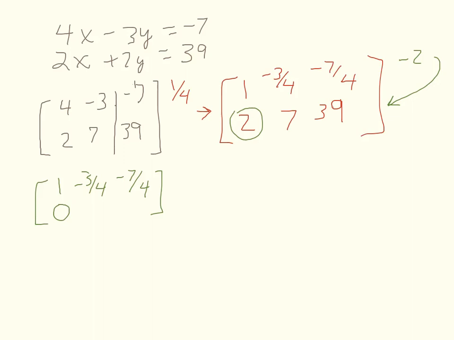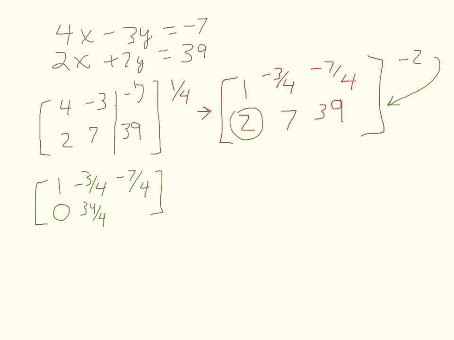Now 7 is 28/4. So 6 and 28 should give you 34/4. Once again, negative 3/4 times negative 2 is 6/4, and then 7 is 28/4, so 6 and 28 is 34/4.